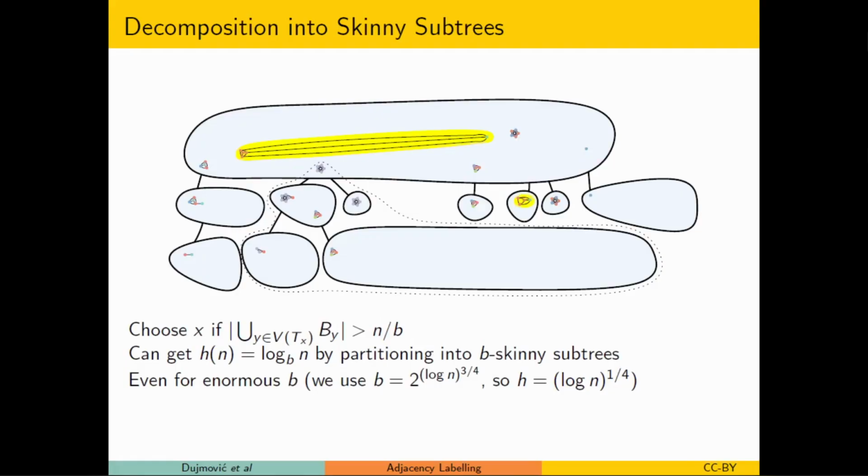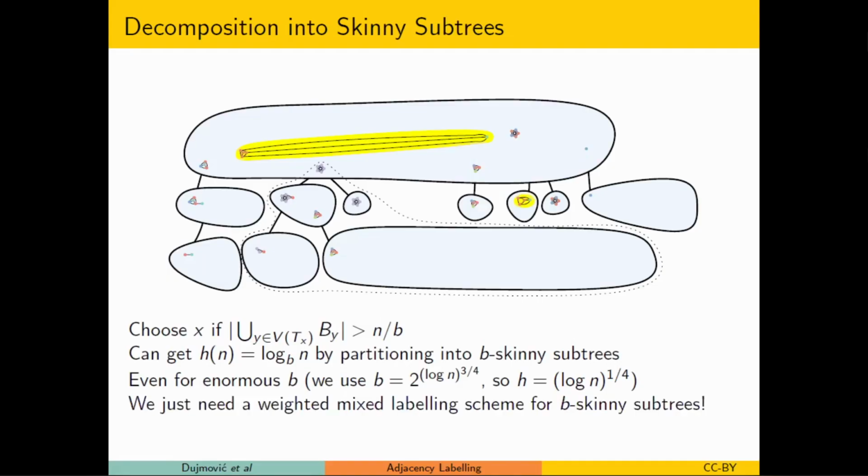That says that the height becomes something like (log n)^(1/4). Why those numbers? Just because what we inherit for the labeling schemes for the individual bags has a square root of log n in it, and we have to fight with that. But that would be true no matter what the labeling schemes were in those bags, as long as it was a little o of log n, we would still get the result we want.